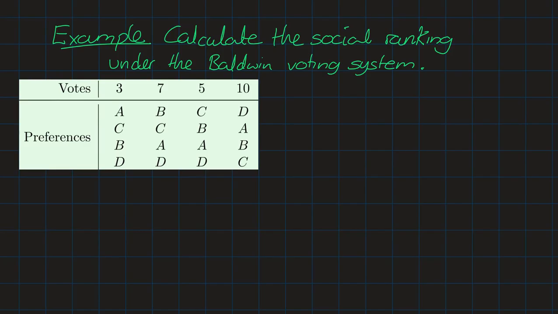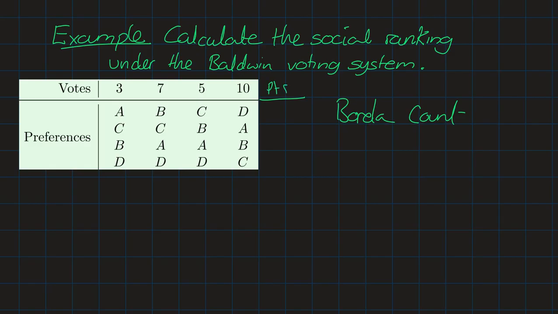Calculate the social ranking under the Baldwin voting system. This is the same voting profile that I used in the previous video when I was talking about the Borda voting system. So the first thing I do is calculate the Borda count.